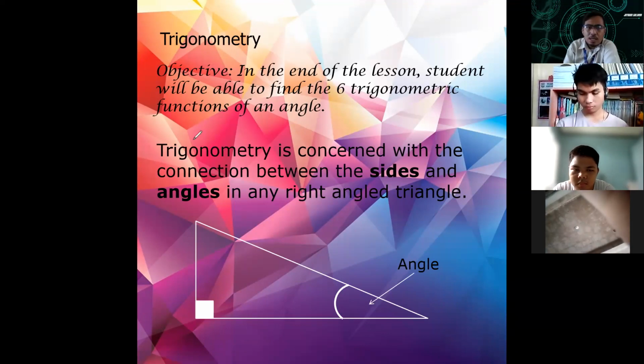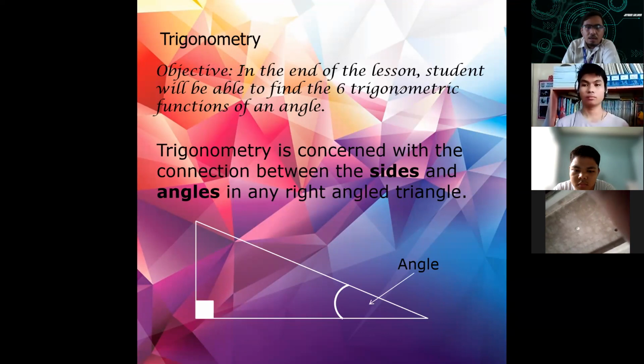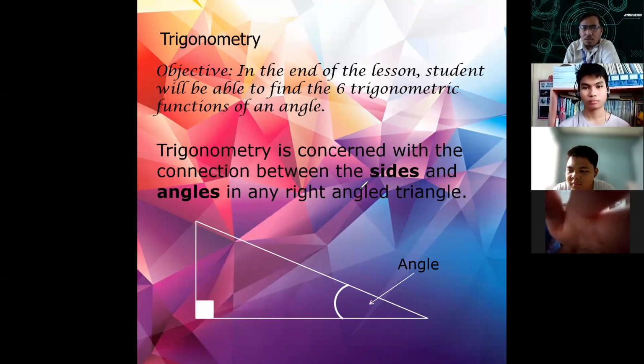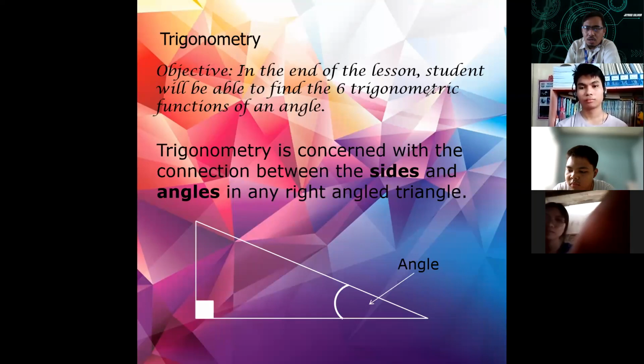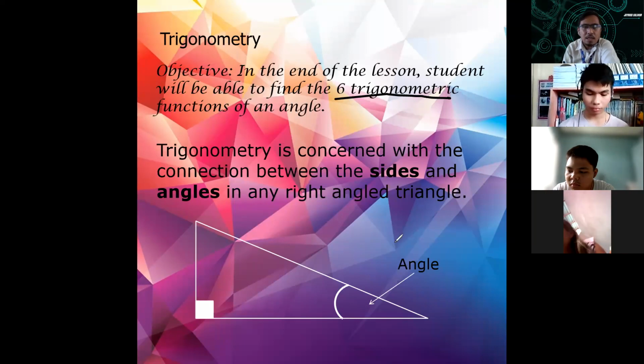So by the end of the lesson, students will be able to find the 6 trigonometric functions of an angle. This is the major objective that we need to discuss today, the 6 trigonometric functions.